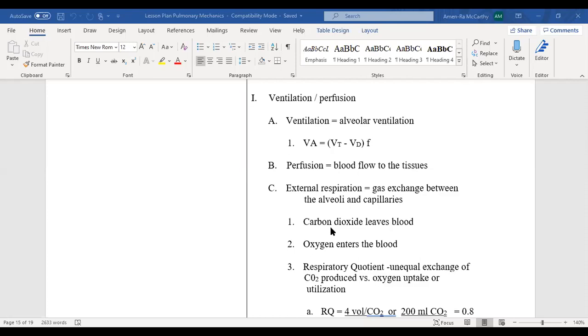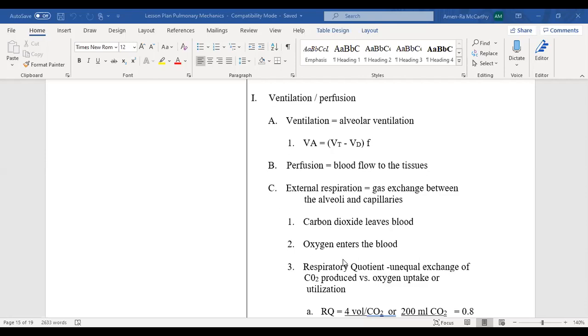This gas movement is happening because of pressure, but what cell in the alveoli allows that pressure to even make a difference? Which cell lets the CO2 out and the O2 in? Type 1. So you've got to know that, right? It all starts to build together.